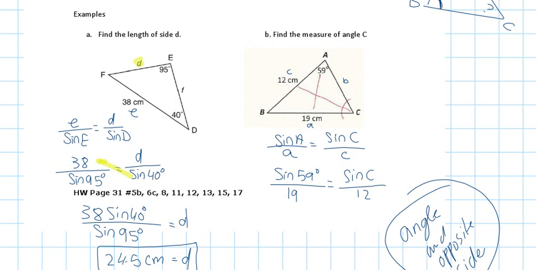You see why we have two different versions? Because it makes it easier for us to solve. If you pick the other version, it's not wrong, but then you're going to have to do a lot of flipping. In this case, all I have to do is take the 12 and half cross multiply, bring the 12 over, so it'll be 12 times sine 59 over 19.